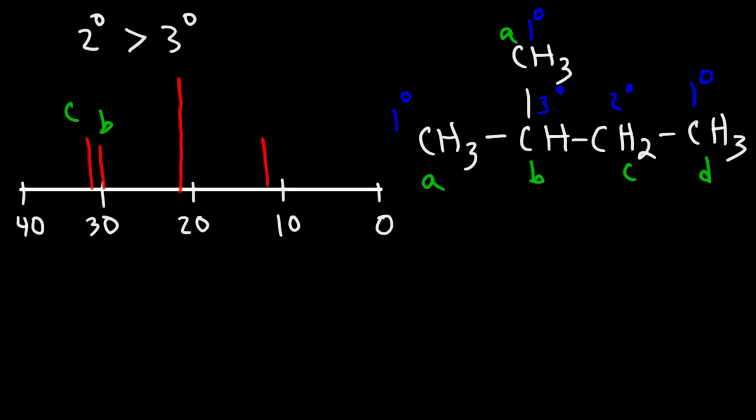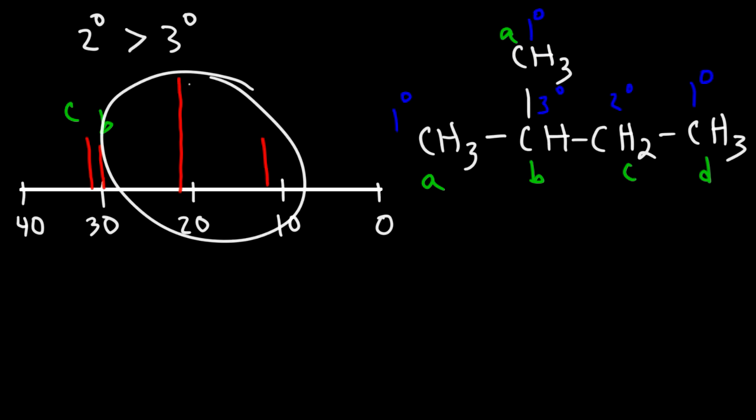Now you might be wondering, why is that? I'll give you a hint. The key is not to focus on the carbon you're analyzing, but on the adjacent carbon atoms, because it is the adjacent carbon atoms that will create a shielding or de-shielding effect on the carbon that you're analyzing. And we'll talk more about that later.